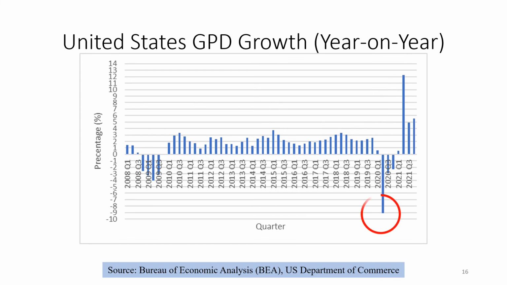At the peak of the pandemic, the GDP of the US recorded a severe contraction of -9% in the second quarter of 2020. By the first quarter of 2021, the economy started to recover.